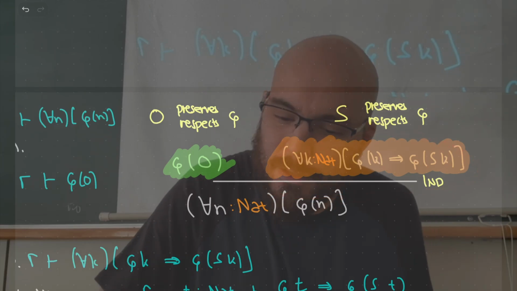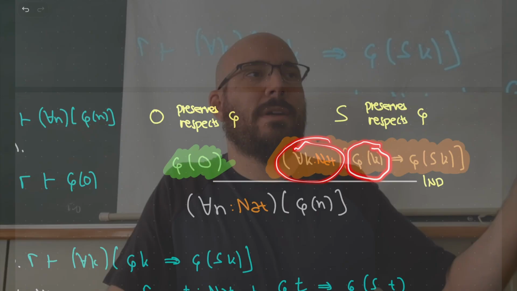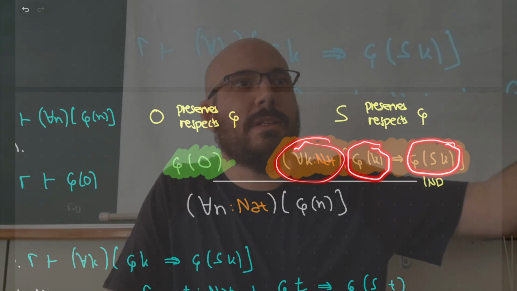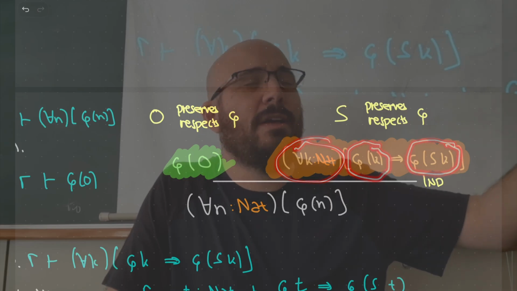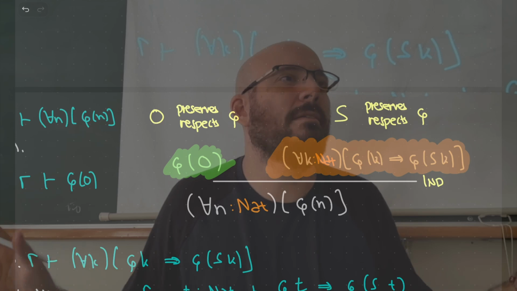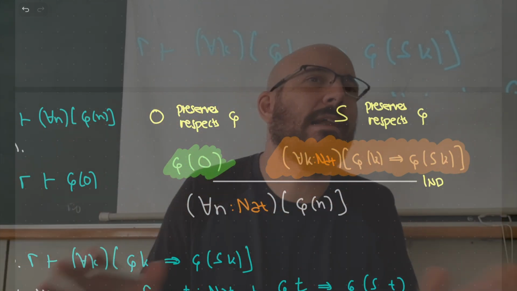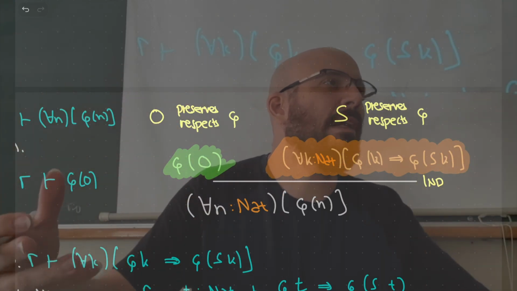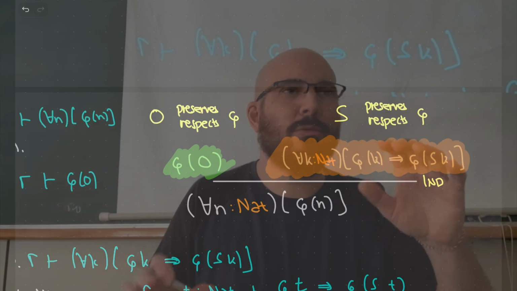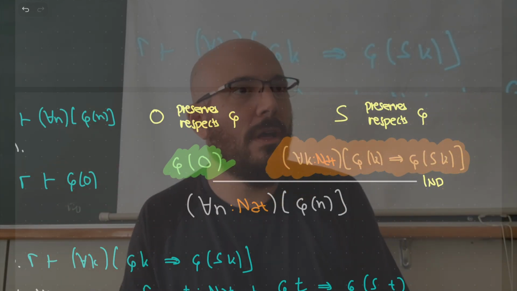For any natural number, if this natural number has this property, then the successor is required to produce something that has the same property. If you give the successor something that doesn't have this property, we don't care what it does. It can create something beautiful or something ugly. We don't care. It's not its responsibility. It would not be its fault. Okay? Does that make sense? Is it a bit too metaphorical, social? I don't know, but I think it works.